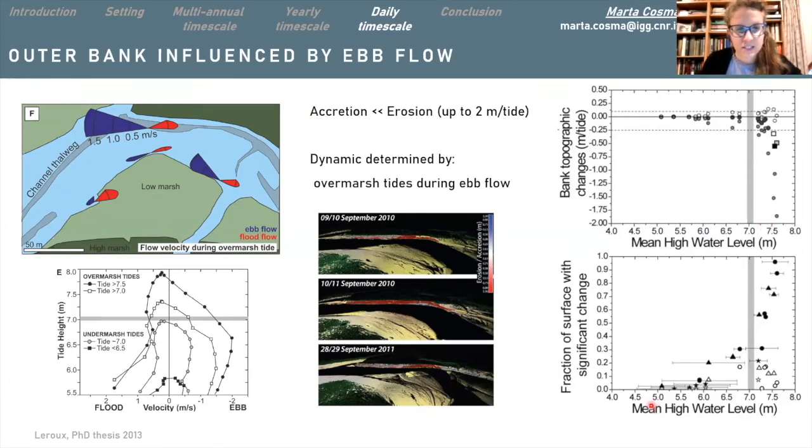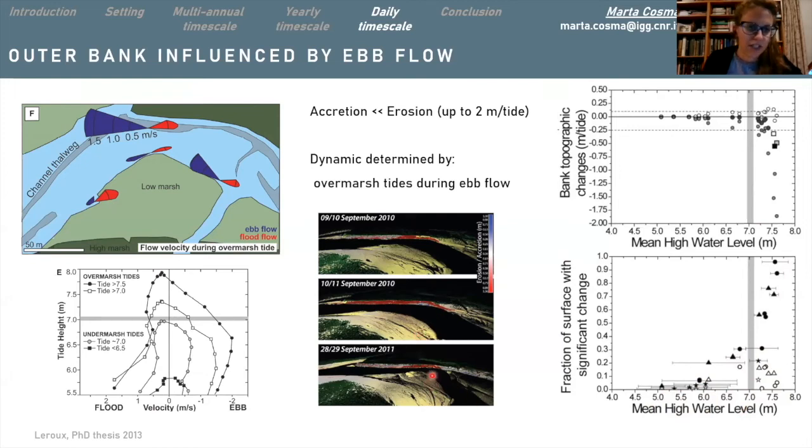And again, the surface affected by erosion in this case is much higher than the one affected by accretion, and it definitely increases a lot with the increase of the high water level.